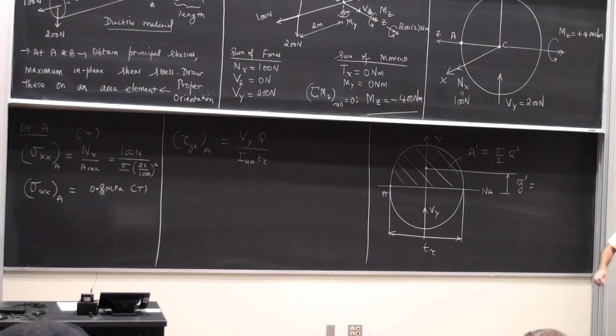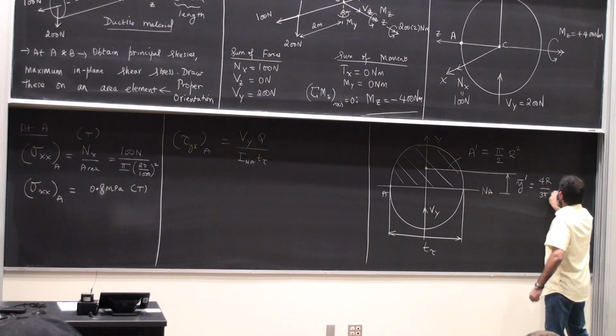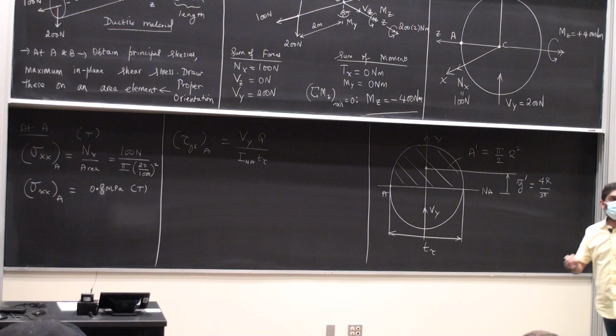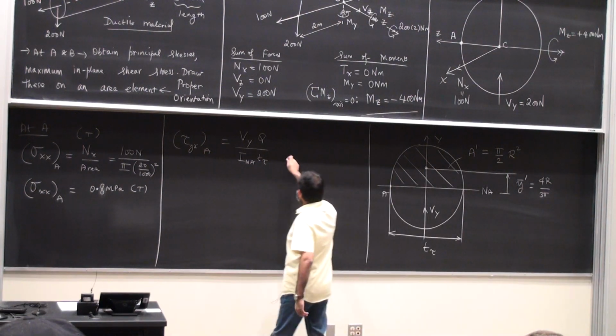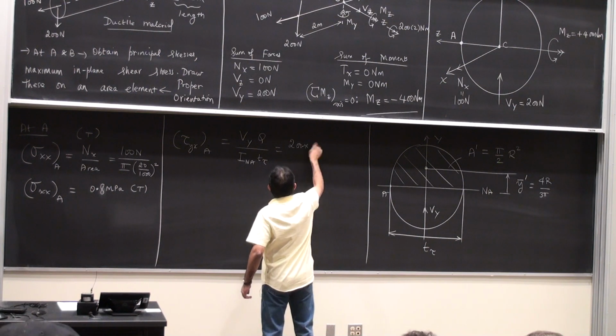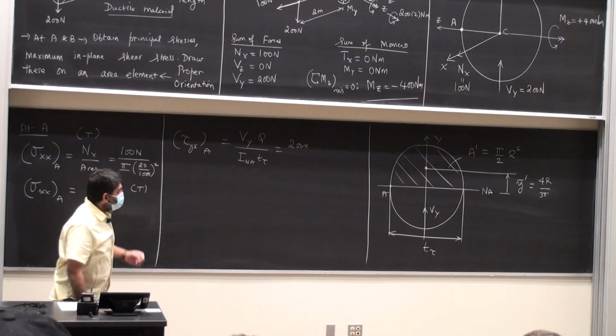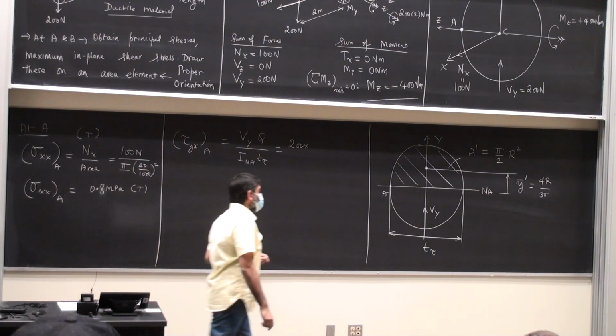Which is y bar prime, which is 4r by 3 pi. Okay, combine them all together. So this is going to be the following. So this is 200, multiplied by q, which is y bar prime times a prime.